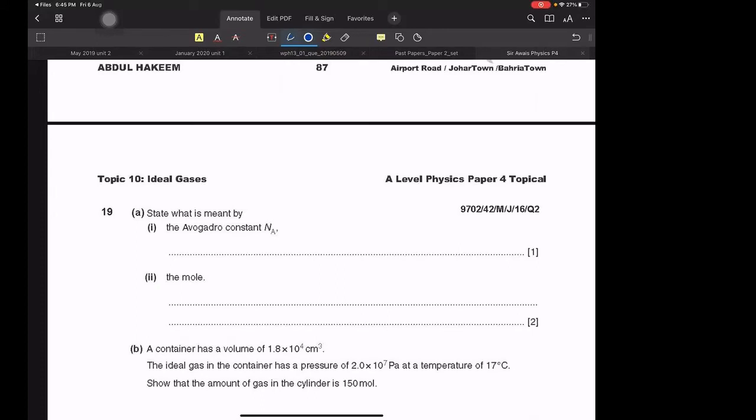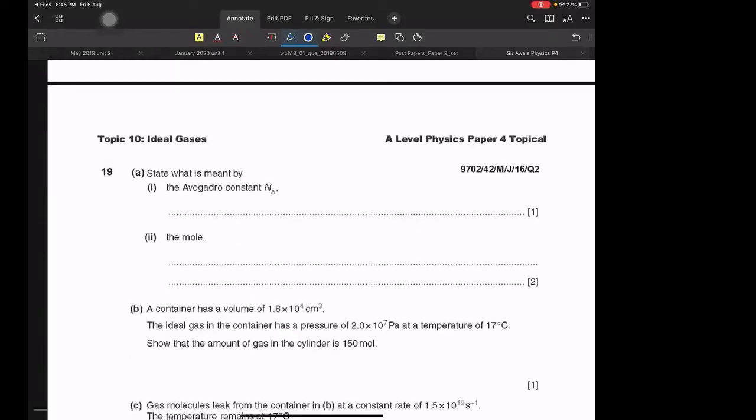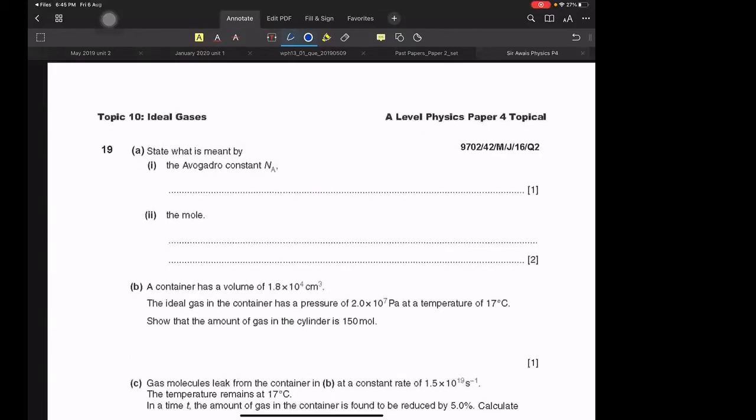They don't want the value of it. They've already given you data. I'm asking what is meant by Avogadro's constant. The ratio of number of particles to moles. Number of particles in 1 mole of gas. समझ आ रही है? जी.